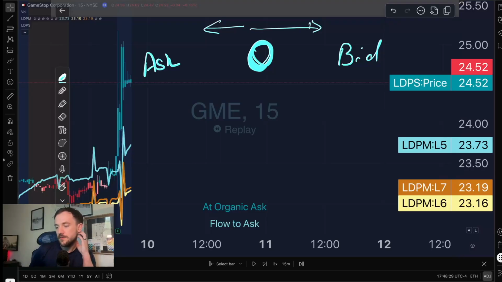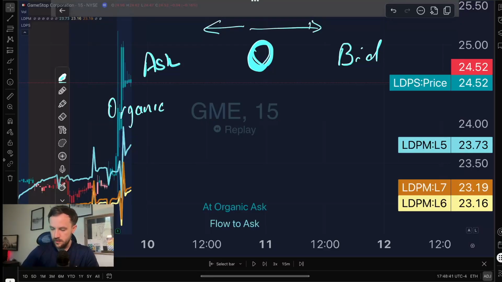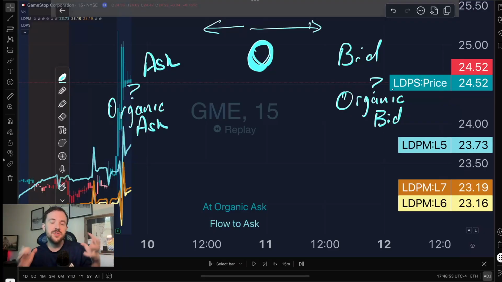We have to ask ourselves, what happens when the bid has liquidity and what happens when the ask has liquidity? To this, we say the organic bid and the organic ask. So what happens when these two parties have liquidity?